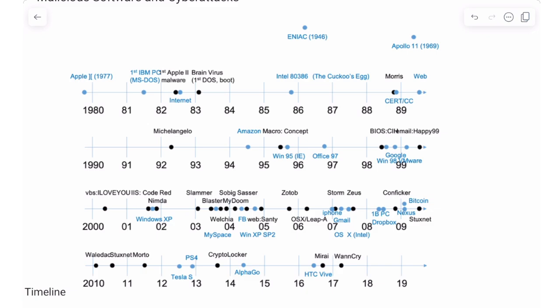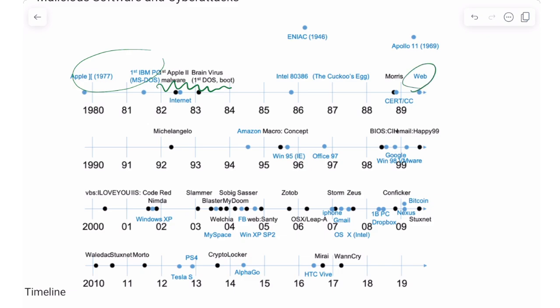So we can see that along the timeline, for example, here we have the very first IBM PC or Apple II, which is also a computer, right? After we have such modern computers, then there will be viruses. Some hackers made malicious software for the IBM PC and for the Apple II, right?